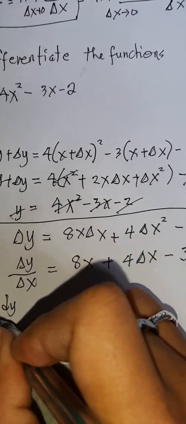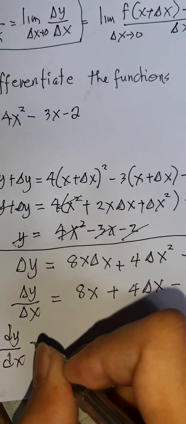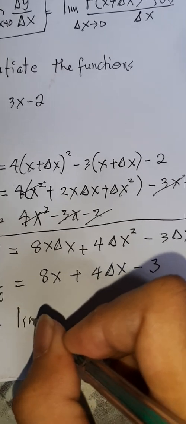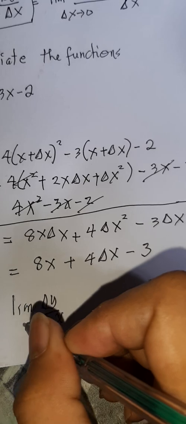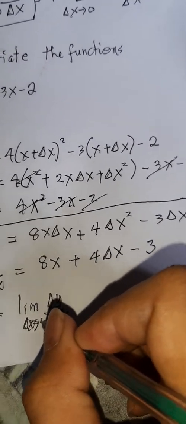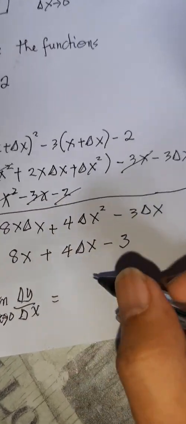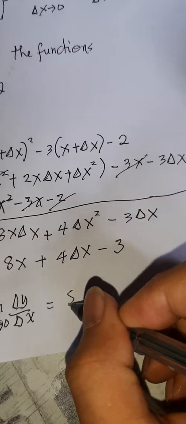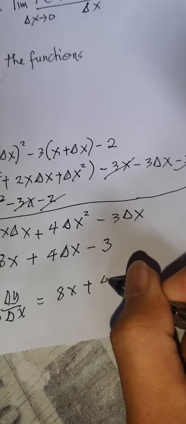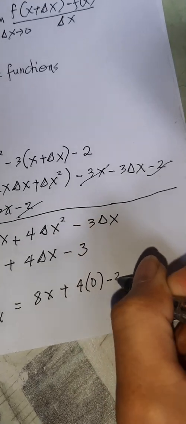That is, the derivative of y with respect to x is equal to the limit of delta y over delta x as delta x approaches 0 is equal to, okay, lahat na meron delta x, papalitan natin ng 0, kaya 8x plus 4 times 0 minus 3.